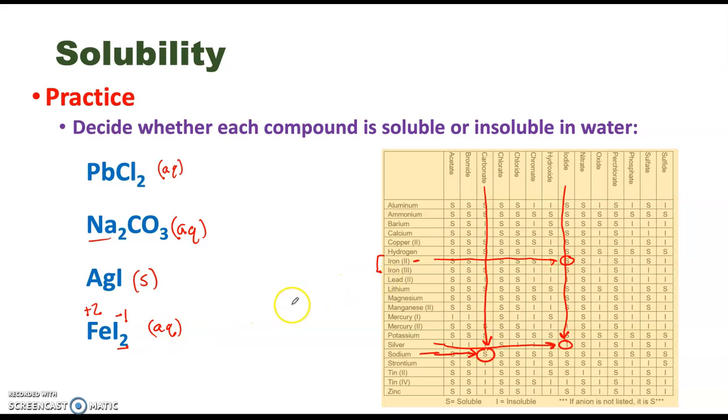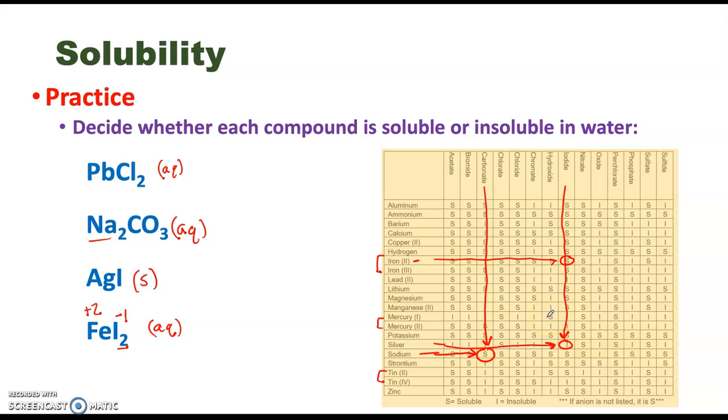Make sure that if a metal has two options, like mercury, tin, or iron, you pick the correct oxidation state, because it will make a difference, like with mercury hydroxide, which one you pick, mercury 1 or mercury 2.